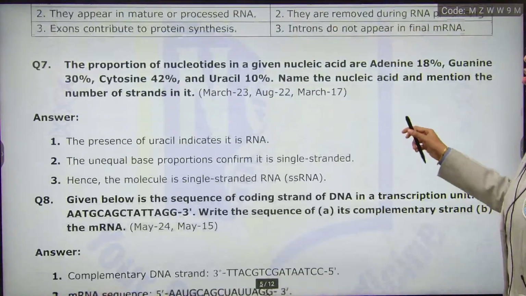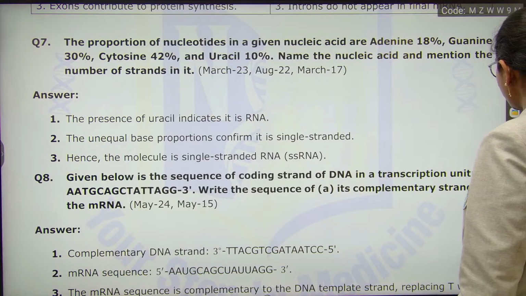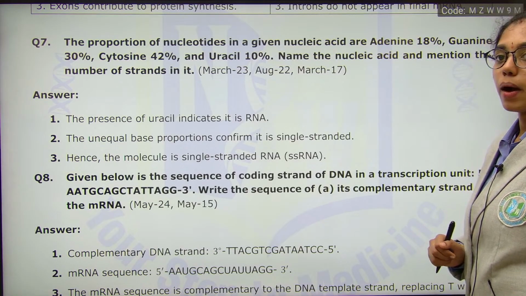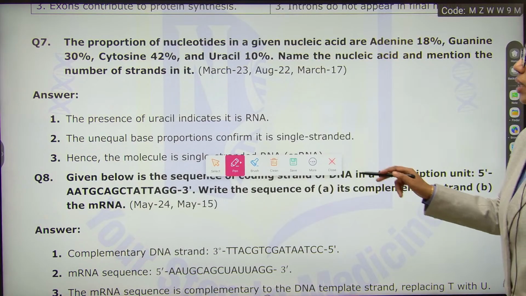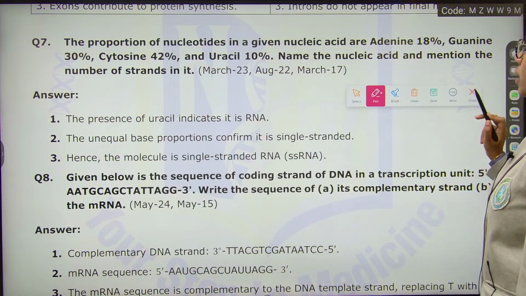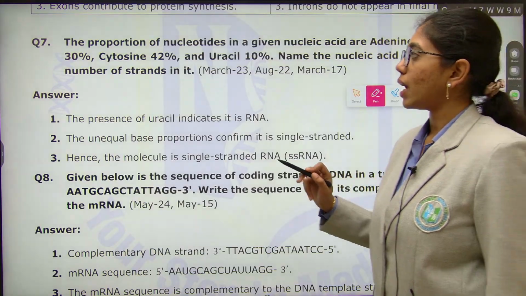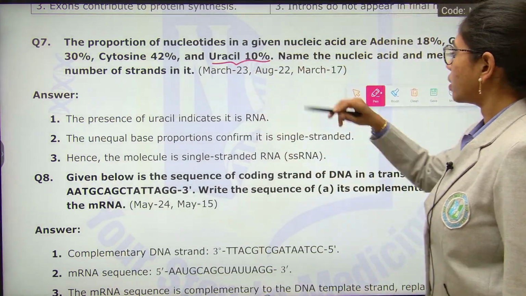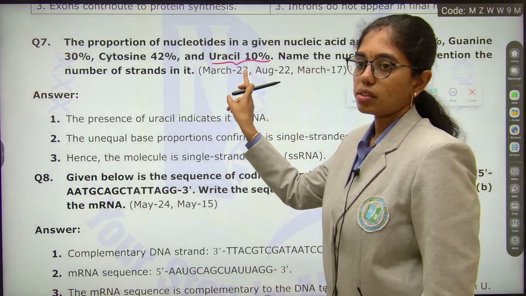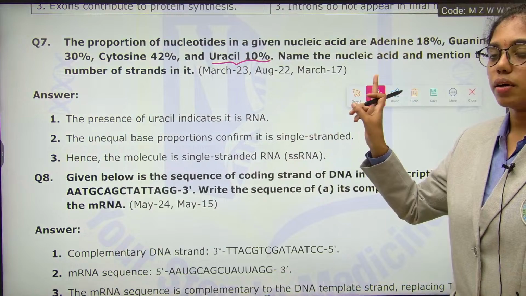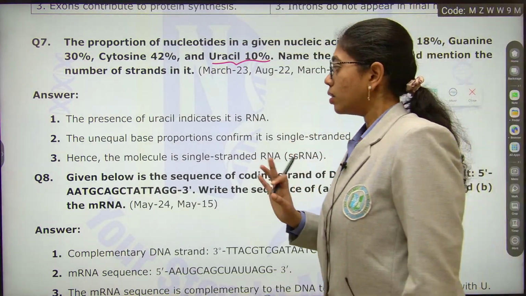The proportion of nucleotides in a given nucleic acid are: adenine 18%, guanine 30%, cytosine 42% and uracil 10%. Name the nucleic acid and mention the number of strands. Forget about the percentages; the presence of uracil itself tells us that the nucleic acid present here is RNA, not DNA.